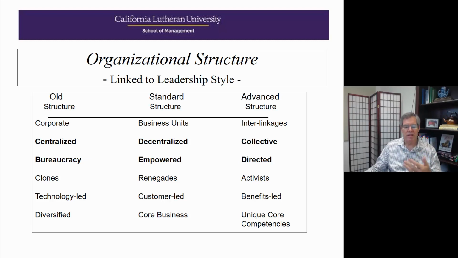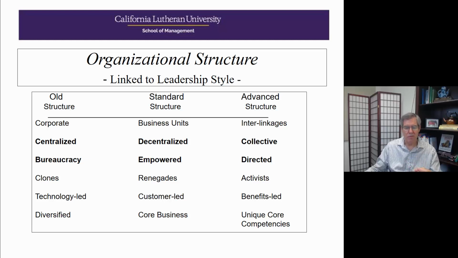Then advanced structure would be interlinkages. Everyone talks to everyone. There's a collective sense of what's going on, and employees are directed through the vision and values and mission statement. You have activists that support your mission statement. Your company's benefits-led. What that means is you're developing products that add value to your customers. You're not delivering what the customers say they want.